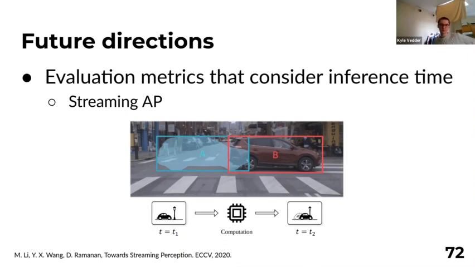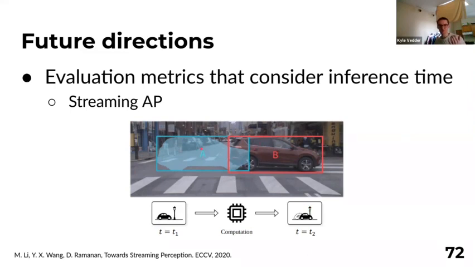So streaming AP was proposed by this Towards Streaming Perception paper. Essentially the notion, this is taken from the two-dimensional image vision literature, is that what you should be evaluating on is, at the time step where you take in the observation and start computation, you should be comparing not against the input image, but against the output image when you finished your computation, right?